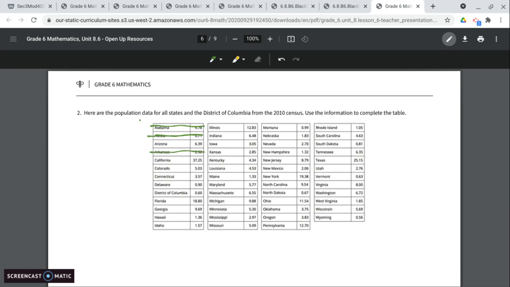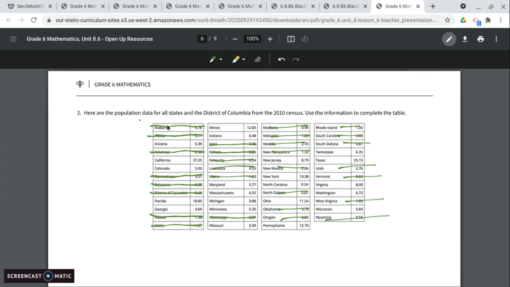Arkansas, Connecticut, Delaware, District of Columbia, Hawaii, Idaho, Iowa, Kansas, Kentucky, Louisiana, Maine, Mississippi, Montana, Nebraska, Nevada, New Hampshire, New Mexico, North Dakota, Oklahoma, Oregon, Rhode Island, South Carolina, South Dakota, Utah, Vermont, West Virginia, and Wyoming.